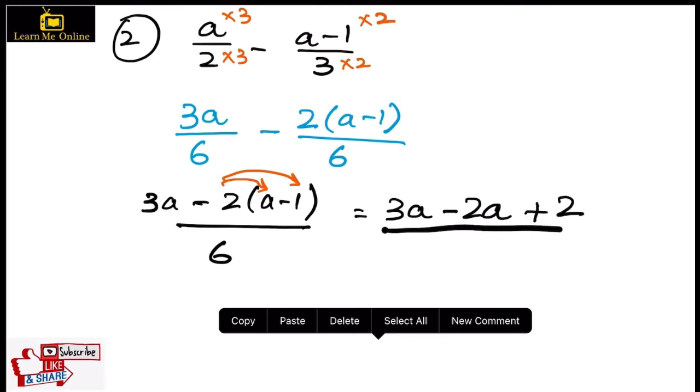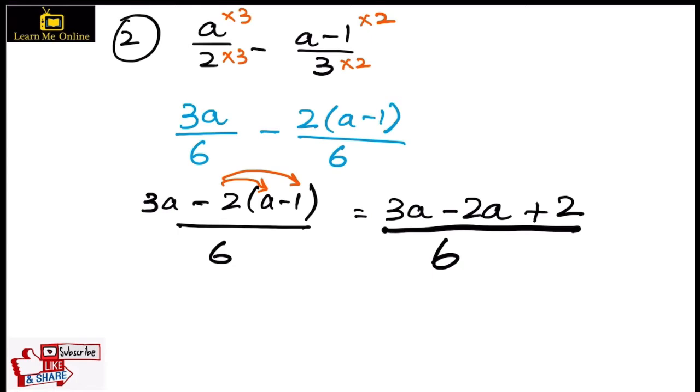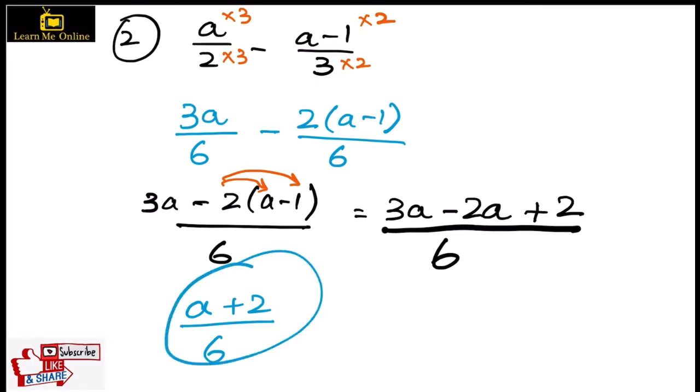The denominator is 6, so we write down 6 in the denominator. Now in the numerator we simplify: 3a minus 2a is just a, plus 2, and the denominator is 6. We have a term in the numerator with a and the denominator is just 6, so we can't simplify it more, and that is the simplified form of subtracting the two fractions.